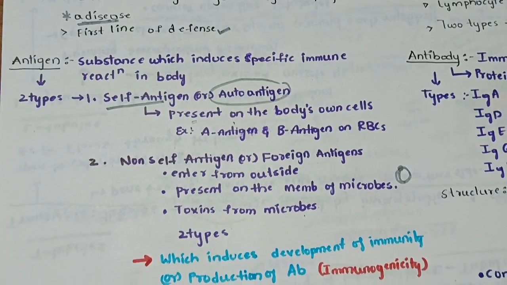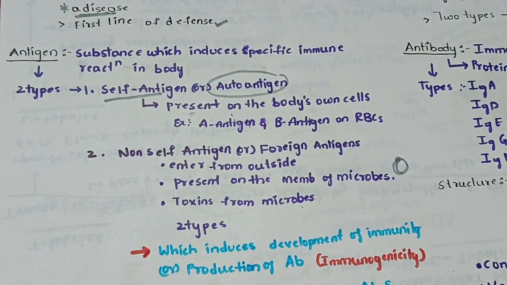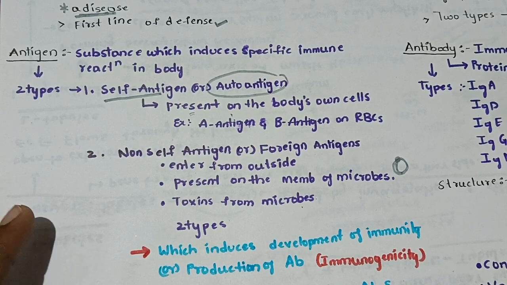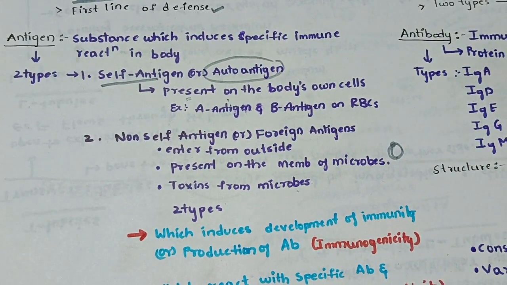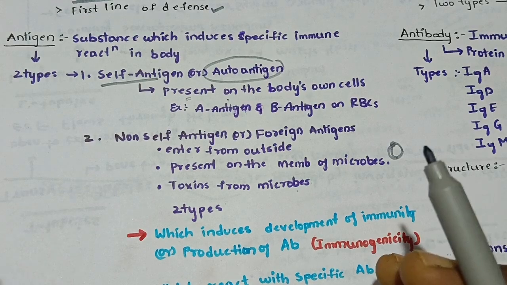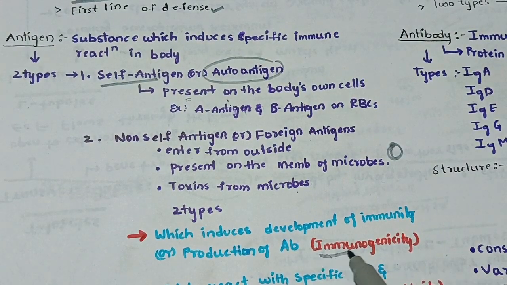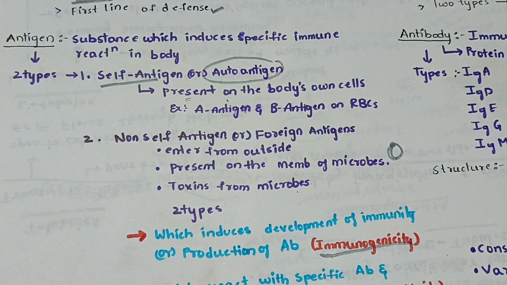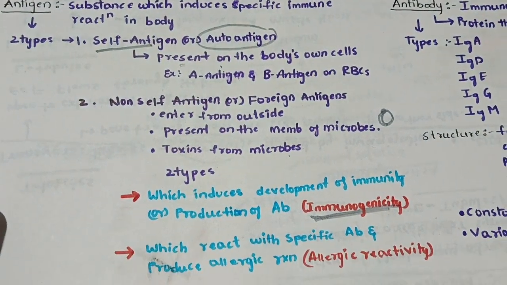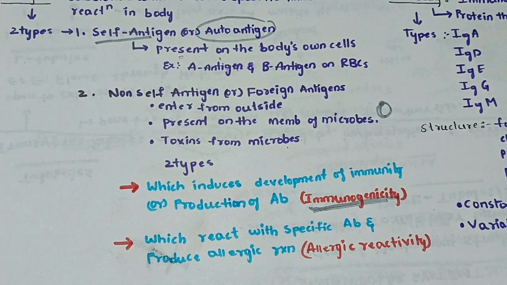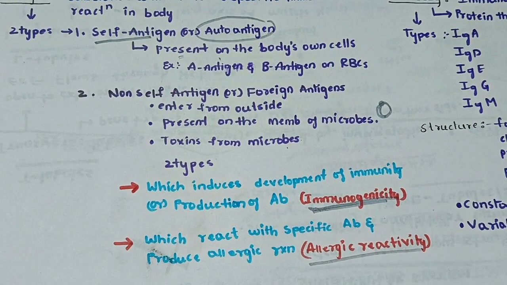Now, antigens are again divided into two types based on their reaction. Antigens are substances which induce immunity; that reaction is known as immunogenicity. Whereas the antigen which reacts with a specific antibody and produces an allergic reaction is known as allergic reactivity.